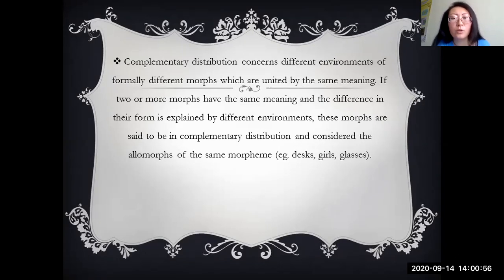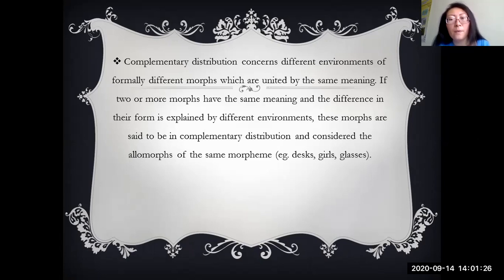Complementary distribution concerns different environments of formally different morphs which are united by the same meaning. If two or more morphs have the same meaning and the difference in their form is explained by different environments, these morphs are said to be in complementary distribution and considered the allomorphs of the same morpheme.